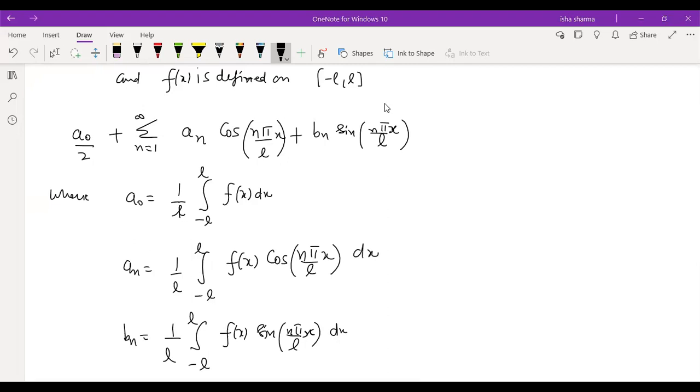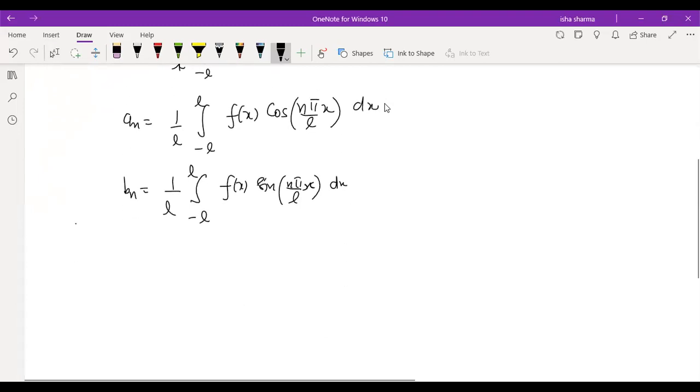So these are the conditions: the function will be given like this and the Fourier series is going to be computed like this. Let's do a very quick example for this kind of function. So for this, we are going to do the first example. Find, the statement still remains the same.